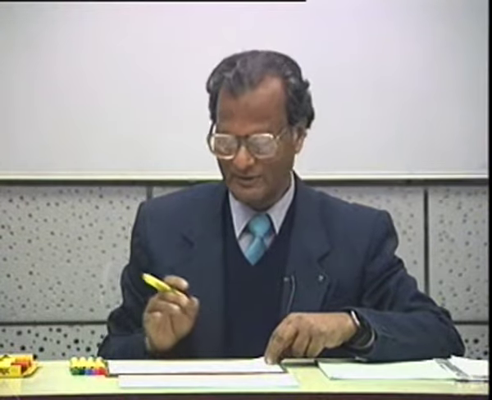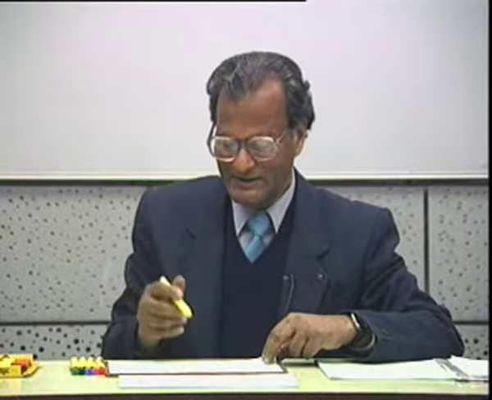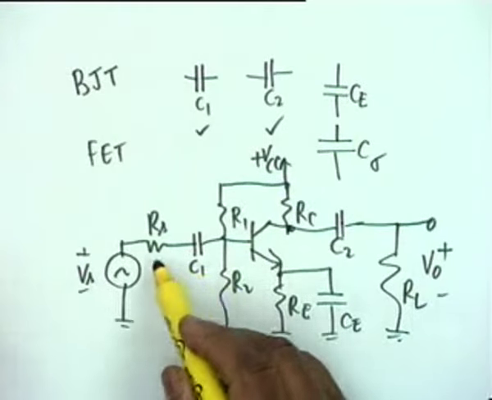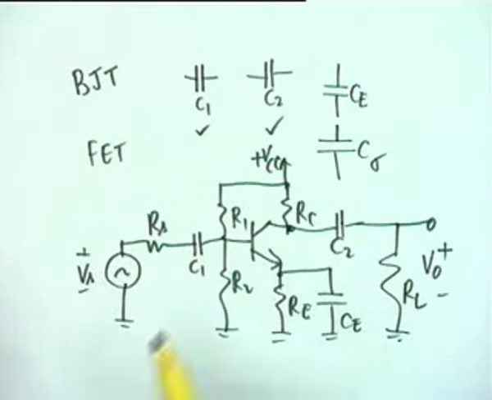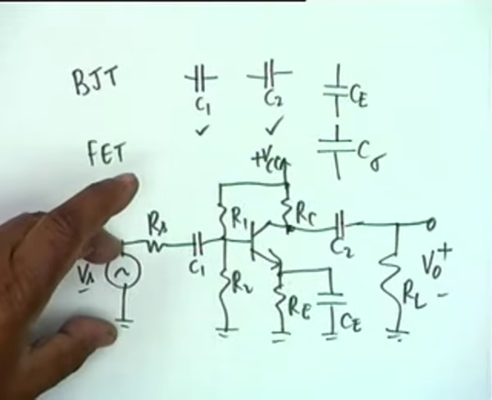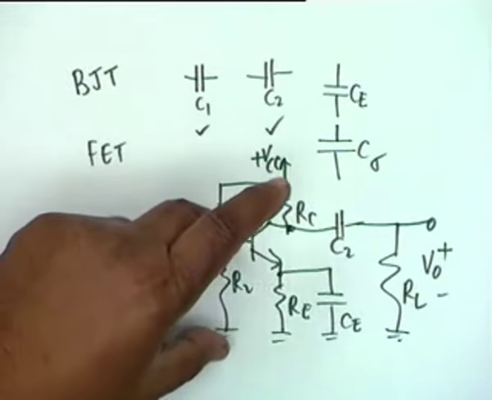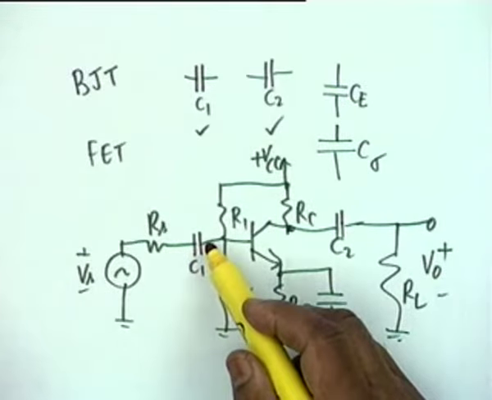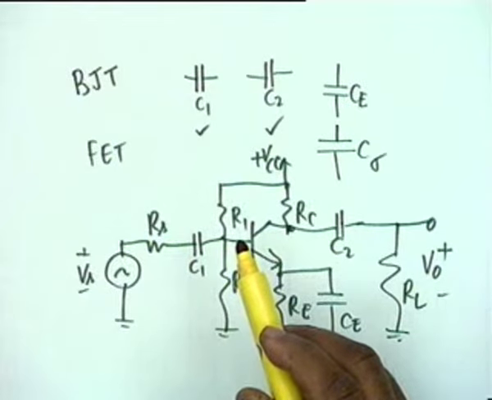capacitors, and qualitatively you can see that C1 will have a high pass effect. Obviously DC cannot pass through C1, so if the signal is at zero frequency, no signal shall come to the transistor, and at high frequencies C1 acts as a short, so it has a high pass effect.